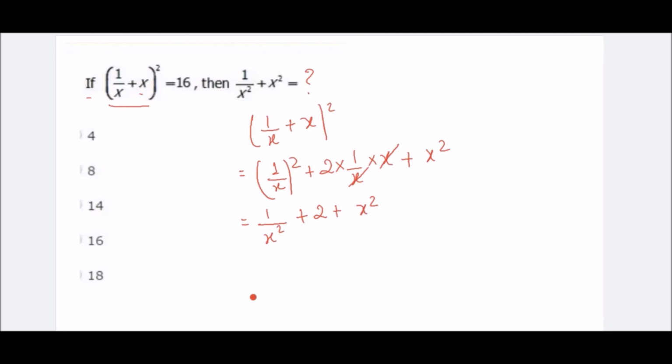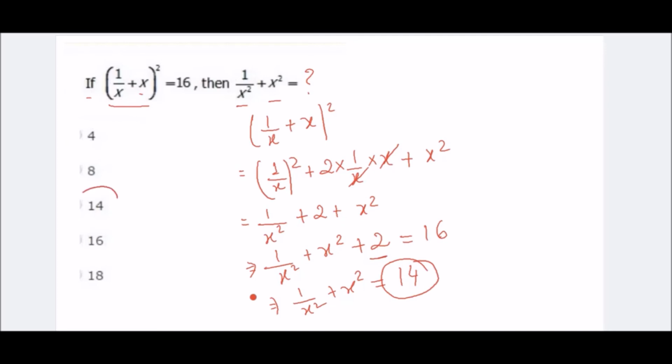See here we get the same terms as the required expression, so make it at one place. 1 by x square plus x square plus 2 is equal to 16. So take 2 to that side, so 1 by x square plus x square is equal to 14. So our answer is 14, that is the third option.